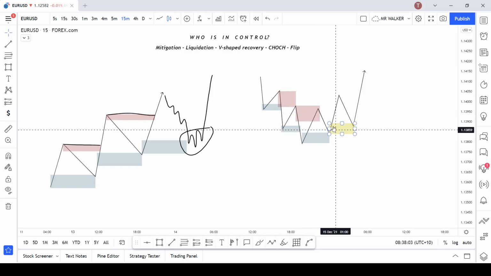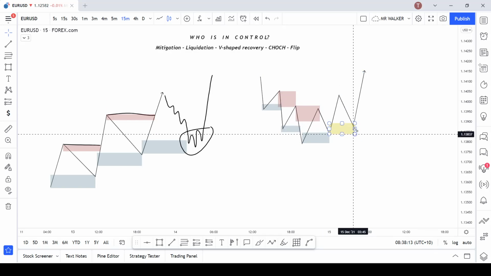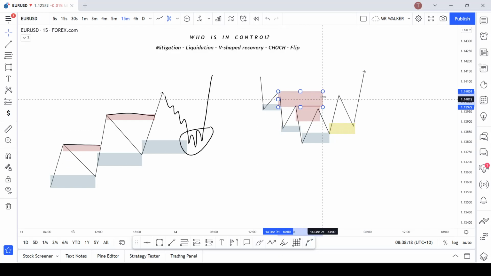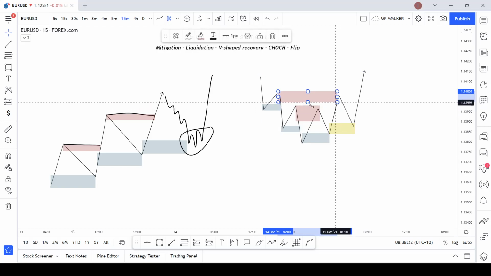So that means that this demand is now absolutely valid, all right? And we want to be looking to buy from this demand, right? And once again, the price may have mitigated something even higher like this. And then what did the price fail?